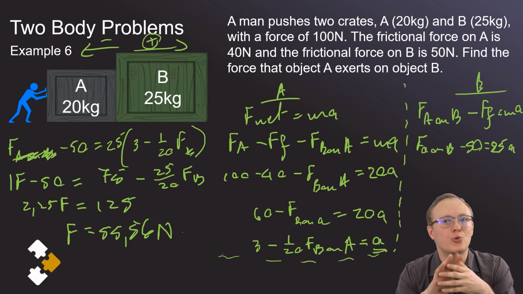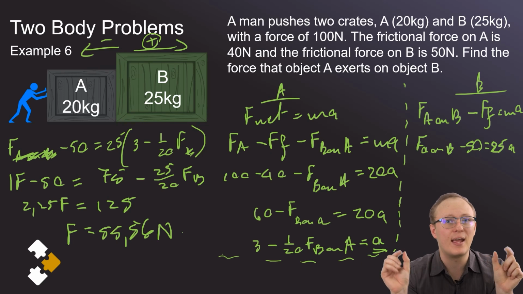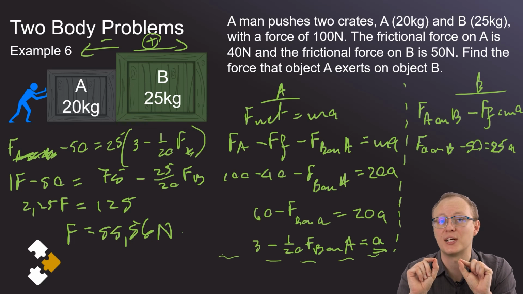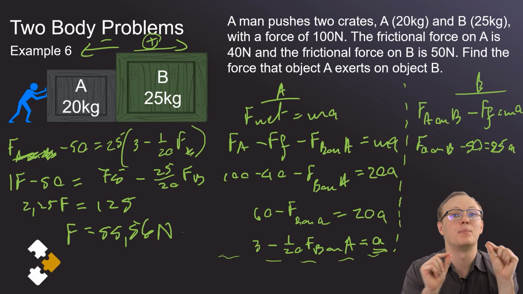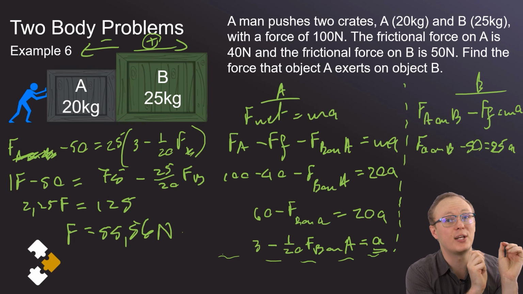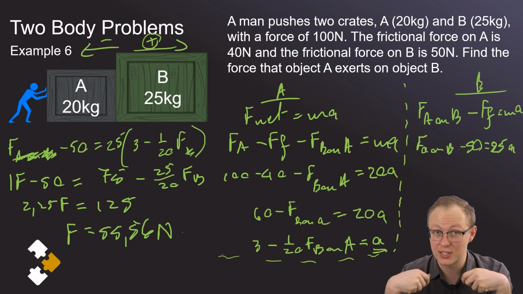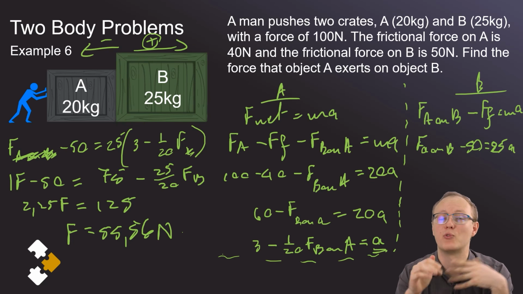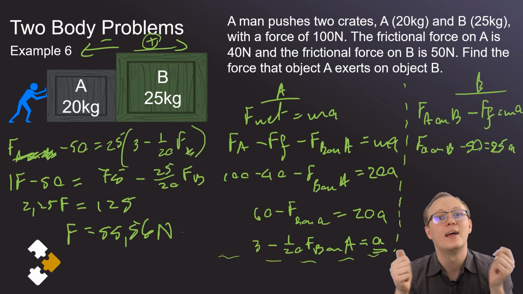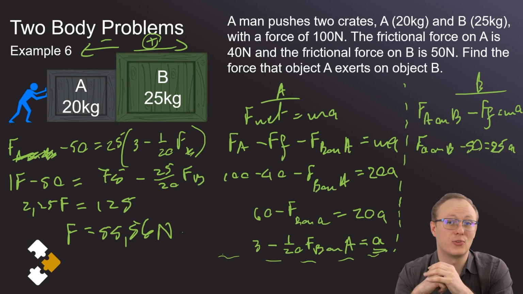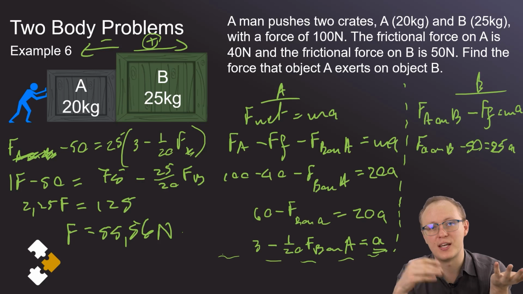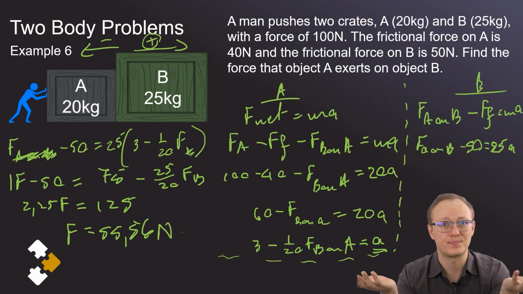You're able to write the F net equals MA equations for both of the objects, and you can do that because you understand the free body diagram for both of the objects. And then once you can write the F net equals MA and substitute into the F net equals MA with what you have and what you don't, then you can simply solve simultaneously, usually for tension and acceleration.